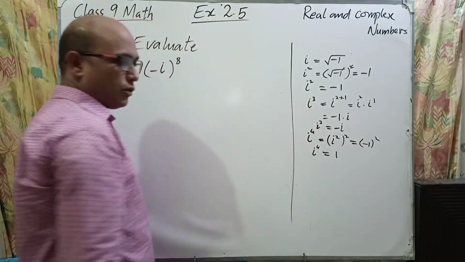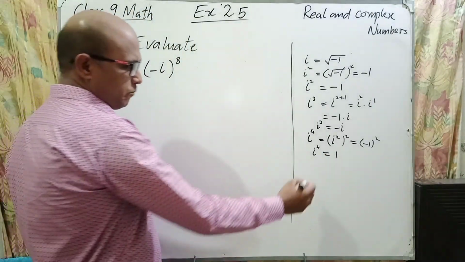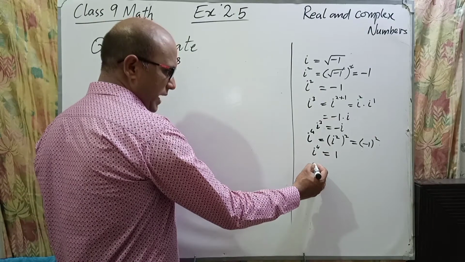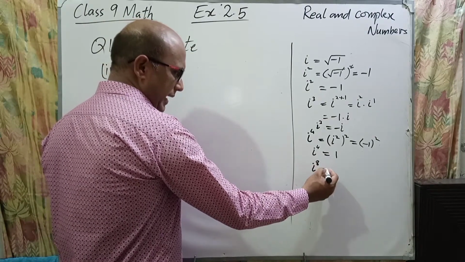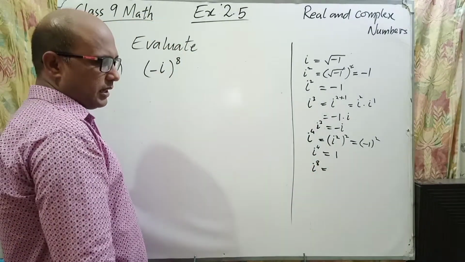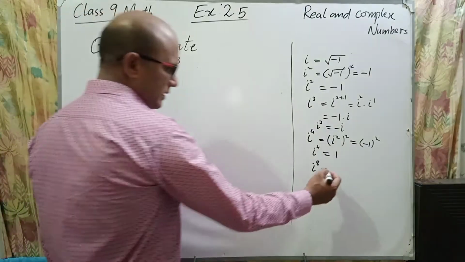So iota 4's value is 1. In the same way we can find any bigger number power of iota.